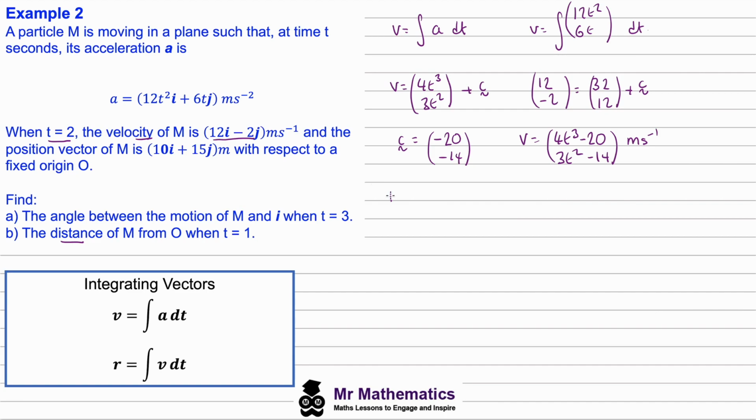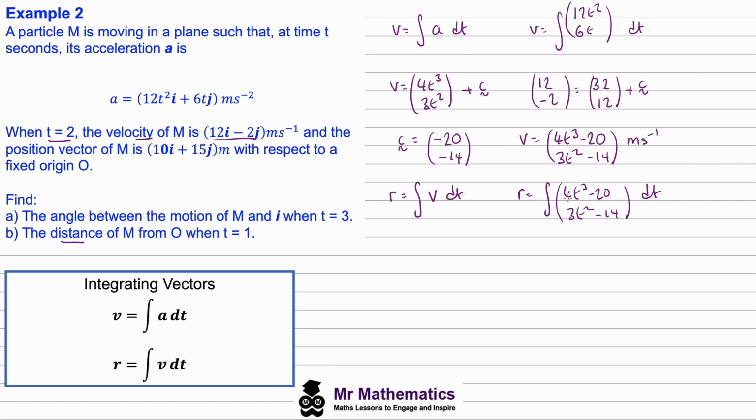So now we need to work out r, and this is equal to the integral of velocity with respect to time. So r will be equal to the integral of our expression for velocity. So 4t cubed minus 20 and 3t squared minus 14. Again, integrated with respect to t.